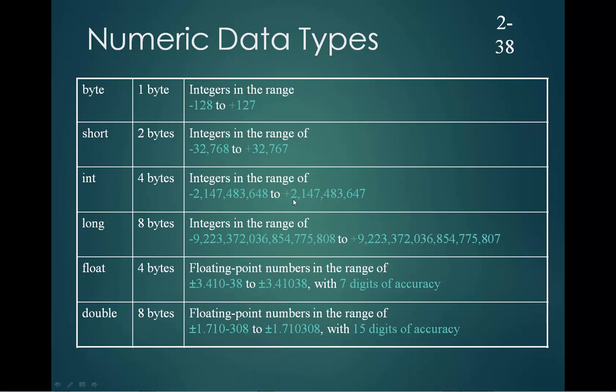Well, you get the same kind of effect when you try to assign a number into an int that's larger than this number. So if you try it in a program, like if you take this number, put it in an int, and then try to add 1 to it, you'll get what's known as an overflow. You can try that in your Java program if you like, and you'll get a runtime error when you run the program.